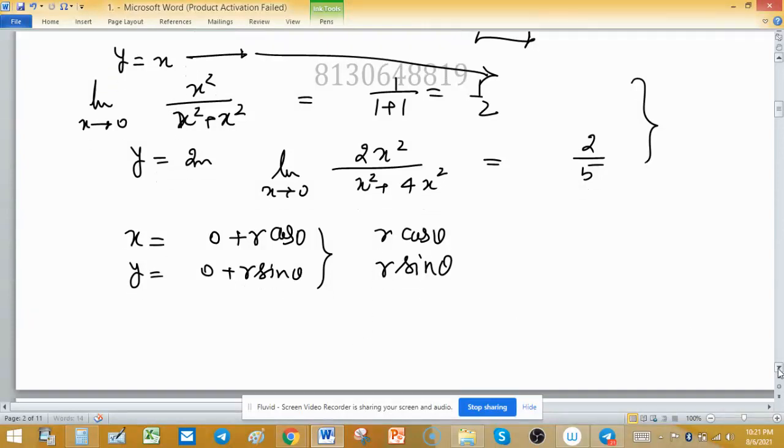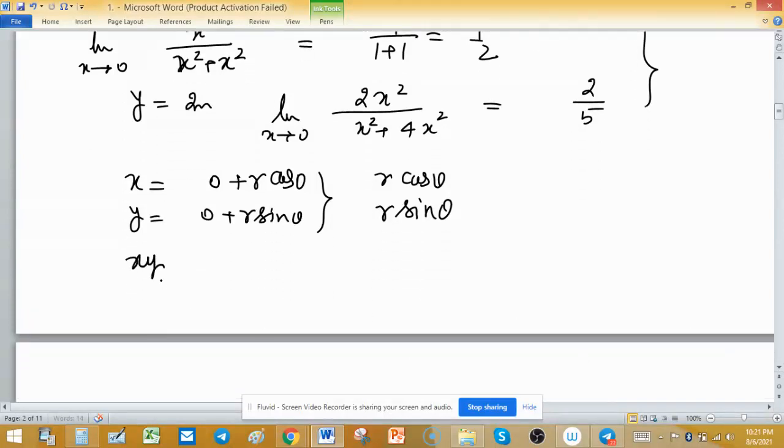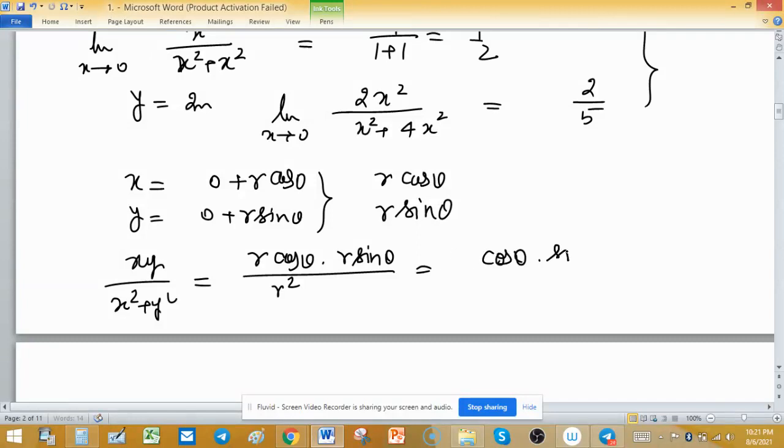So put this in the function xy upon x square plus y square. After putting this, we have r cos theta into r sin theta upon r square. After cancelling r square from numerator and denominator, we have cos theta into sin theta.